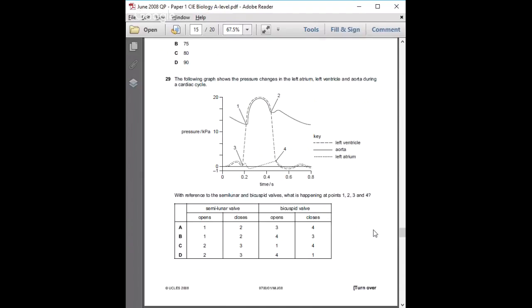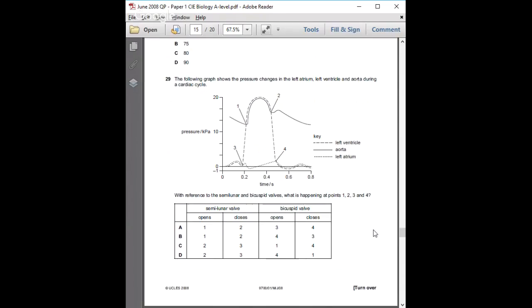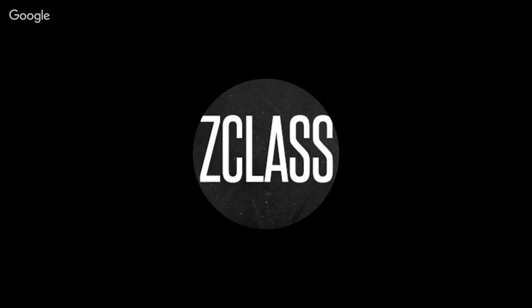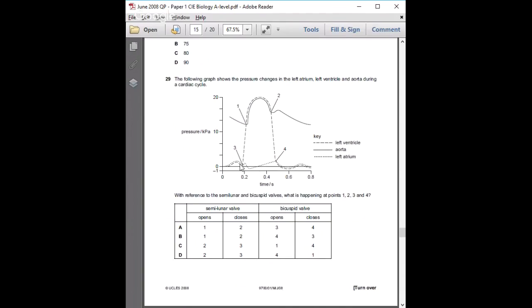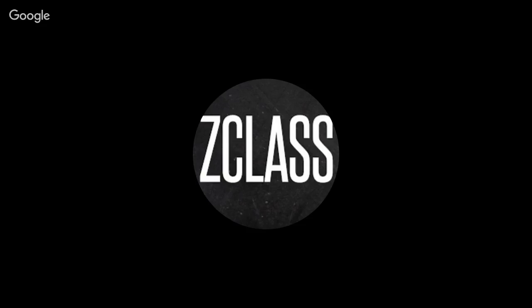Okay. So when the pressure of the left atrium exceeds the pressure of the left ventricle, the bicuspid valve opens and the blood flows from the left atrium to the left ventricle. Yeah. So, which is at 4. You could also think of it in the sense that the bicuspid valve closes when the pressure in the ventricle begins to rise. Good.